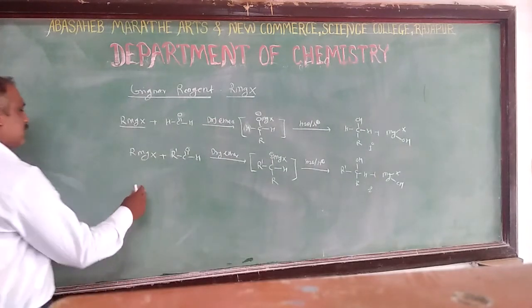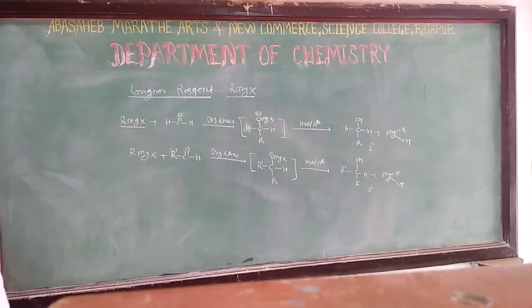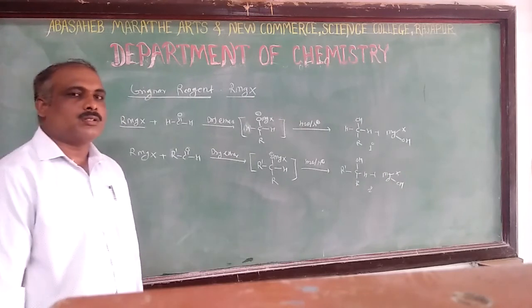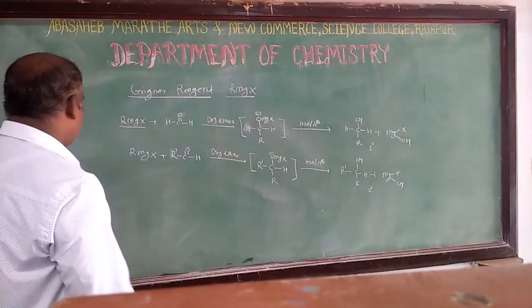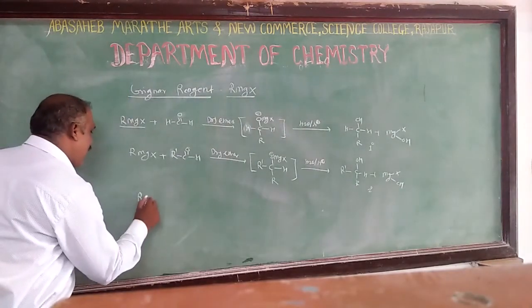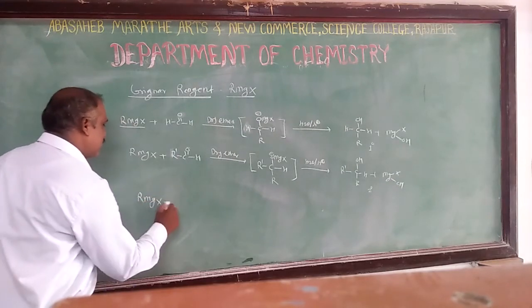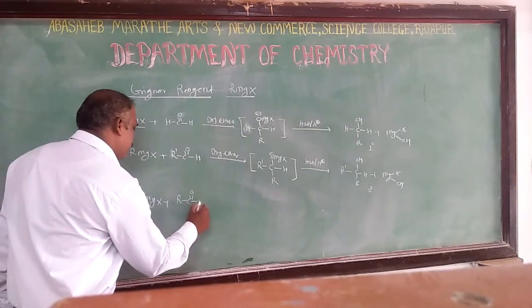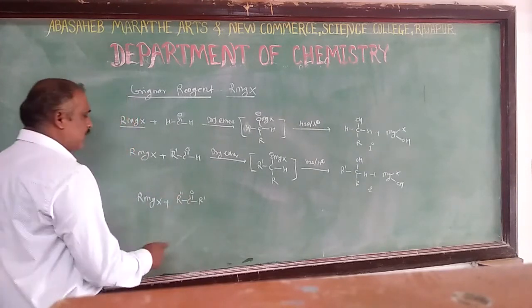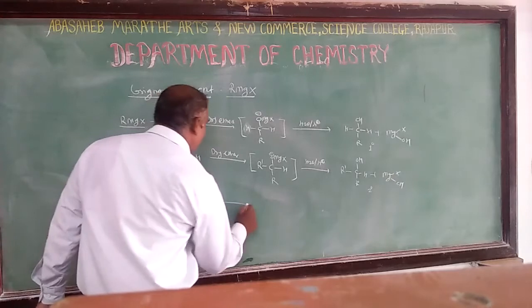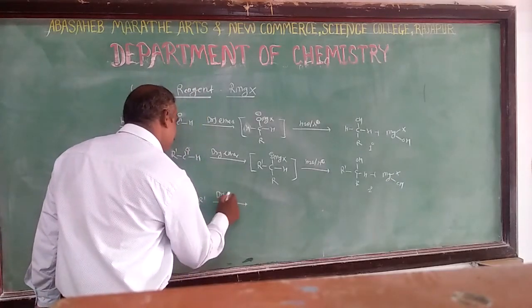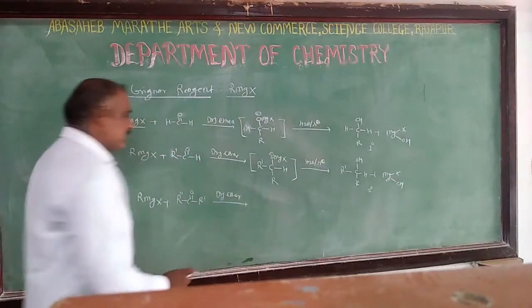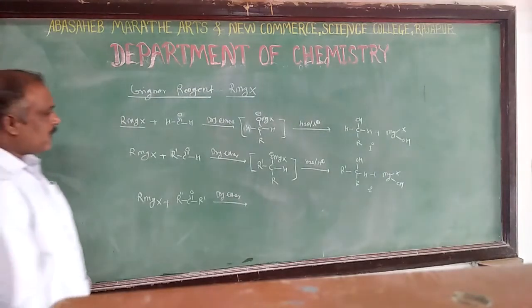And next, we prepare the tertiary alcohols using ketones: RMgX plus a ketone in dry ether. What type of intermediate is there?